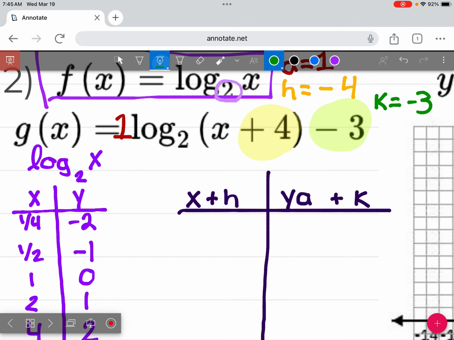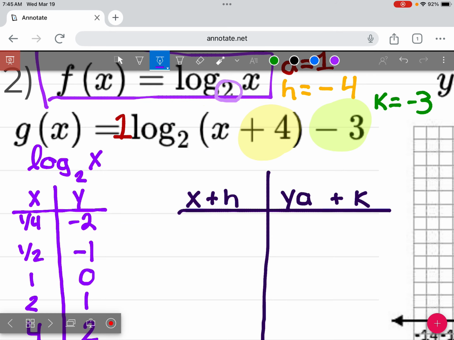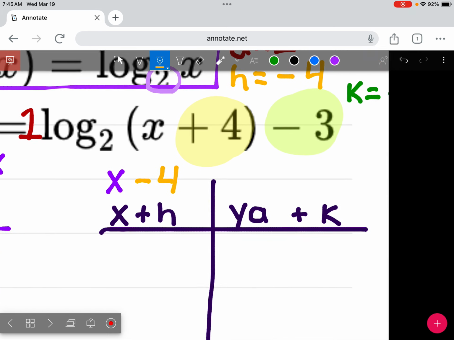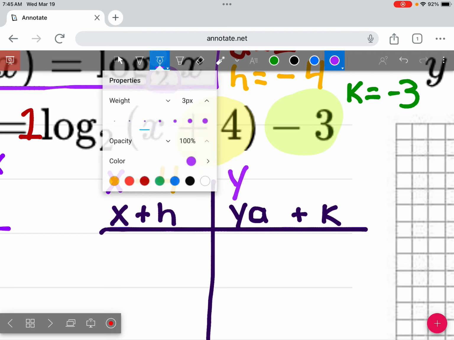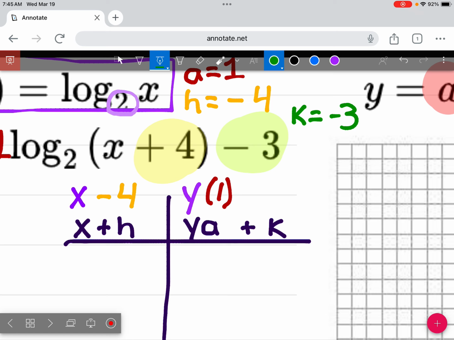So when we're doing our transformations, what we're going to do is exactly like we did in the exponentials. We're going to take our x's from that parent function, and we are going to add h. But in this case, our h is -4. So if we add -4, it's the same thing as subtracting 4. And we're going to take our y's from our parent function, and go times a, which in this case is 1, so that's not going to change anything, plus k, plus -3, or minus 3.